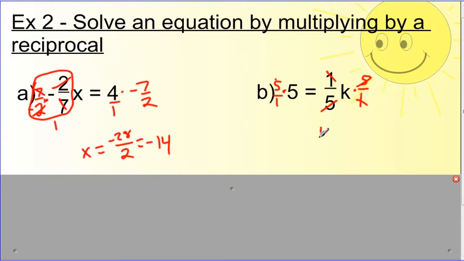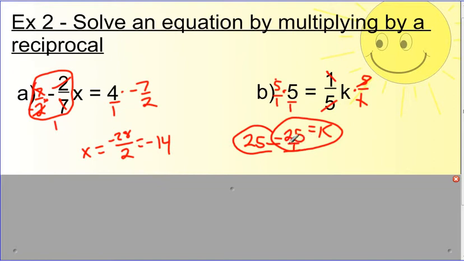You're left with just the variable equals. On this side, 5 over 1 times 5 over 1 is 25 over 1. 25. Now if you put your 25 over 1 like this, that is just the same thing as 25. You don't need that extra over 1 there.